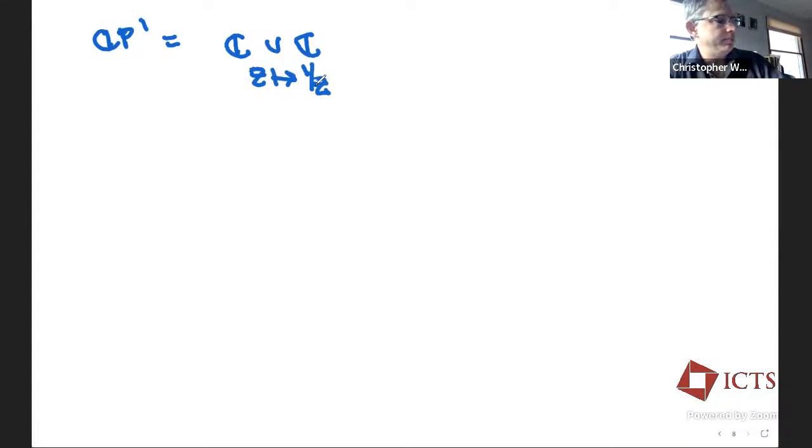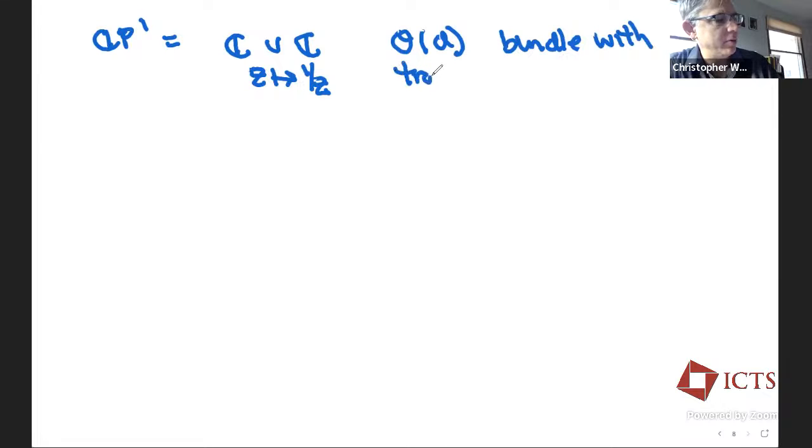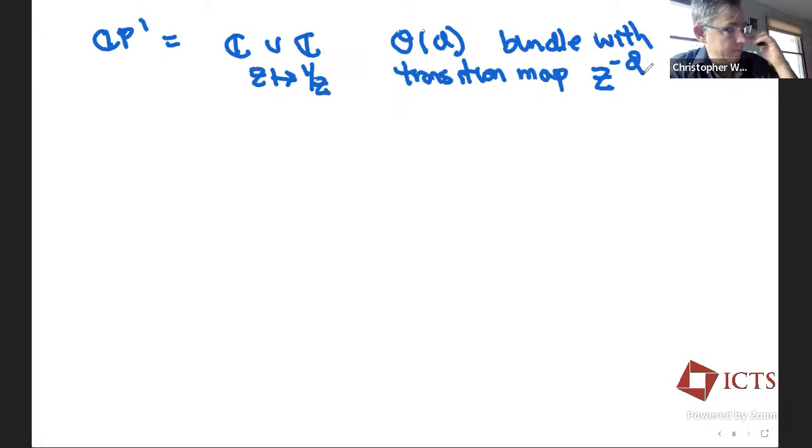And so this O of D is the bundle with transition map Z to the minus D. And it has sections.